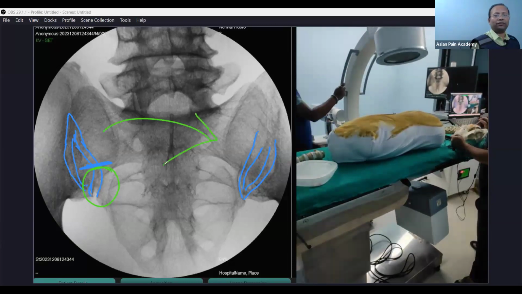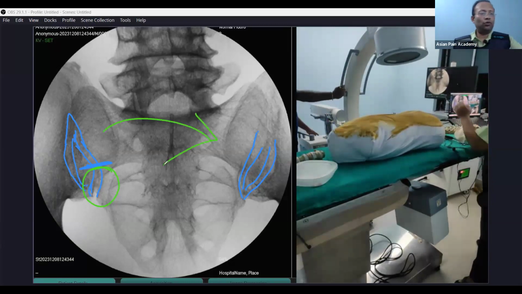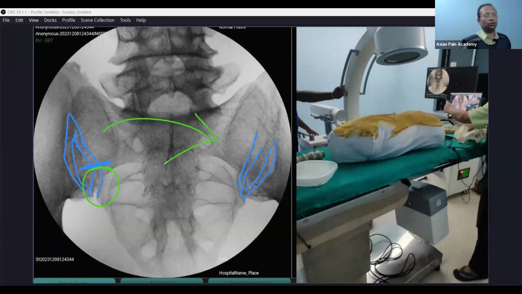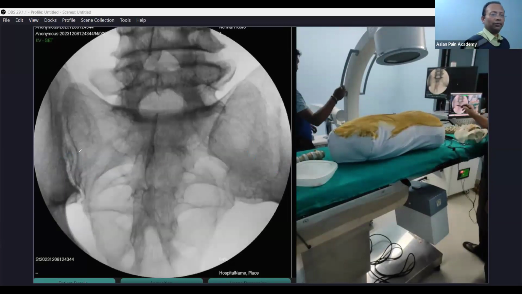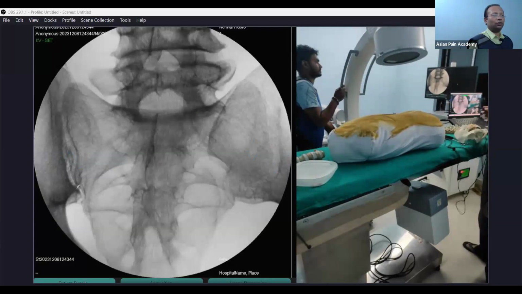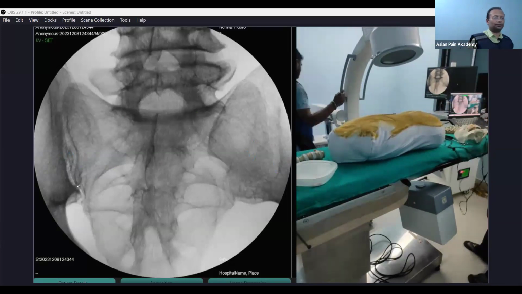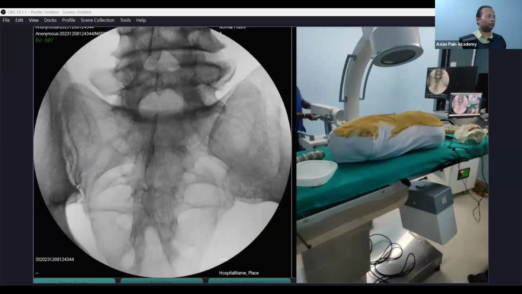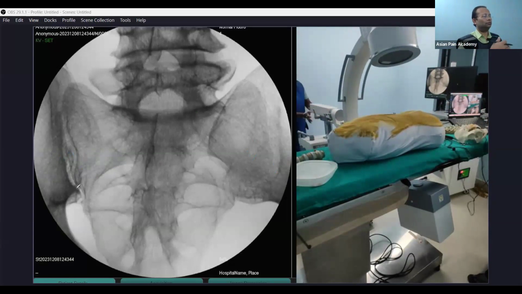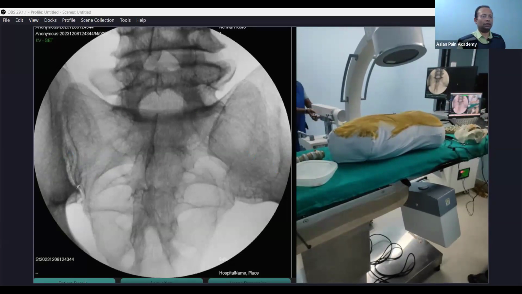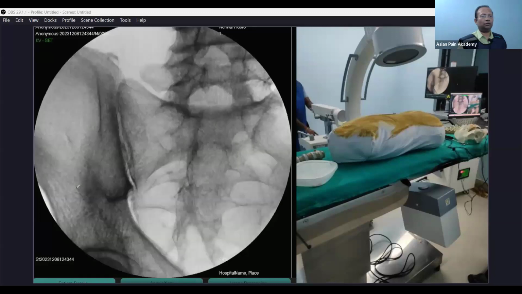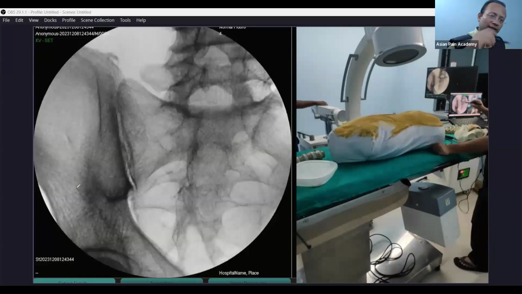Now we are moving the fluoroscope, and gradually both the lines are coming together. Okay, see, both the lines have come together and you can see this small part.